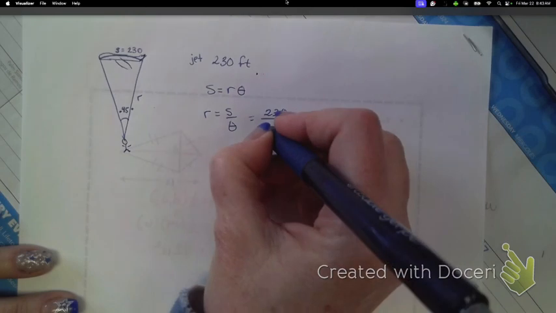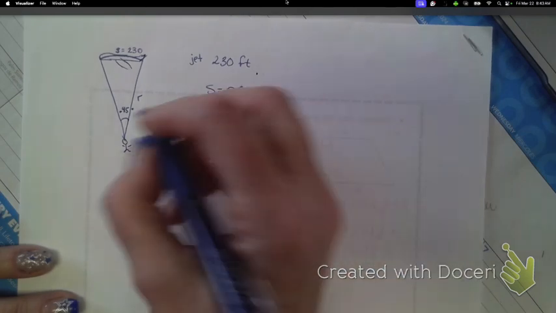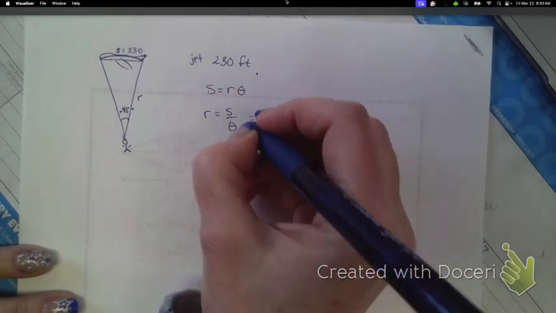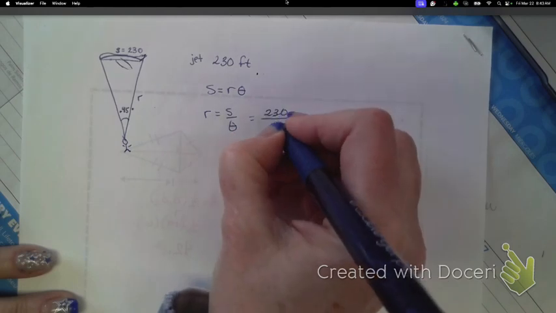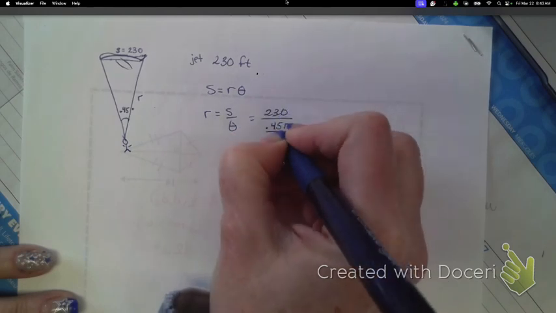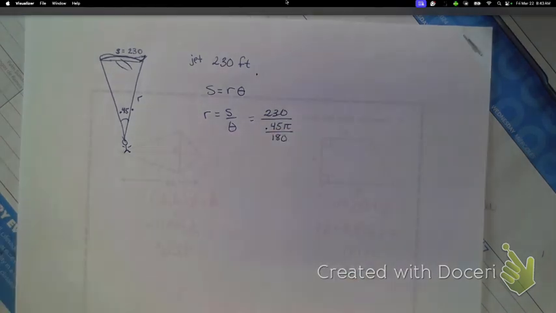So that would be 0.45 pi over 180. And we can reduce that, but just remember that it was 0.45.